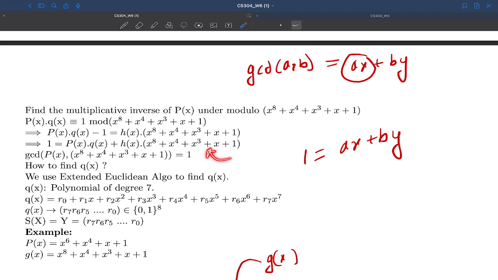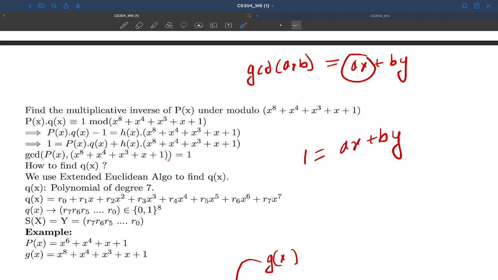So this is my gx, this is my px, and here you can say that qx is the inverse of px. So by whatever I solved in the extended Euclidean algorithm, I want to create this equation, so that whatever the value of qx in that, I will say that this is the inverse of px.